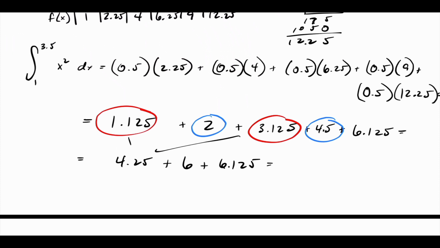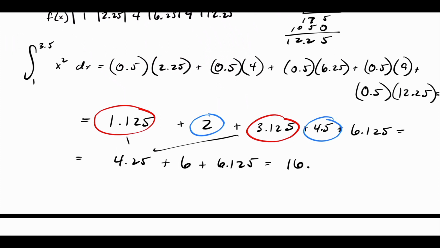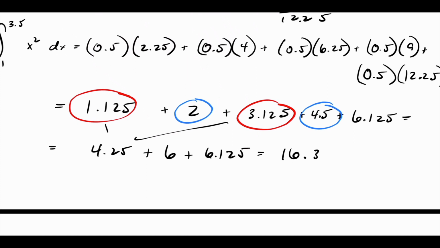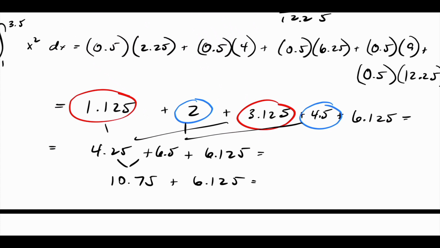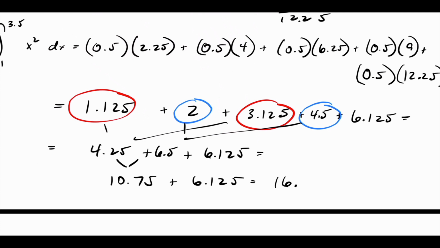The blues should be 6.5? Oh, 6.5. Yeah, you're right. So these two guys are going to be 10.75 plus 6.125, 16.875.